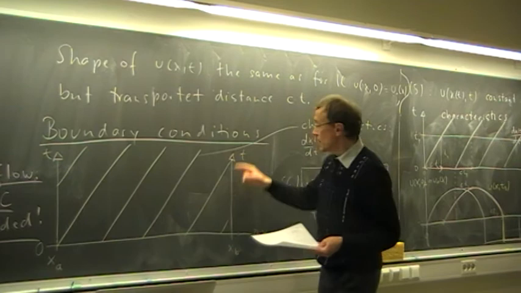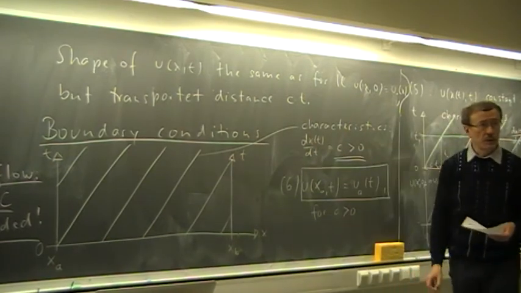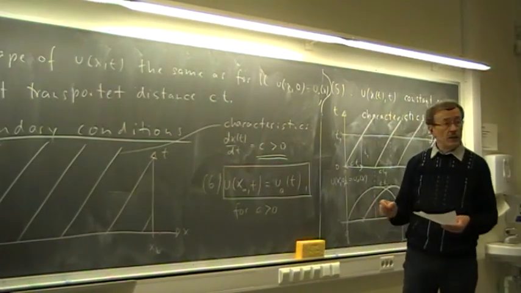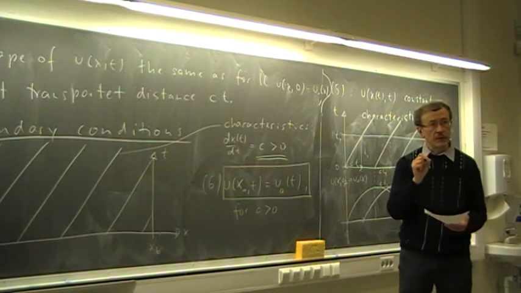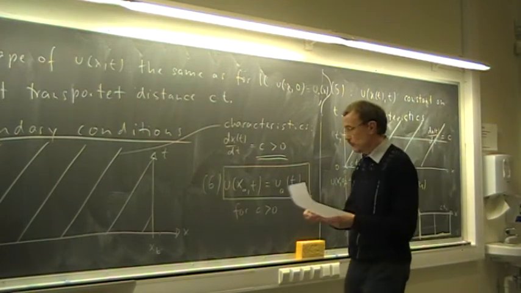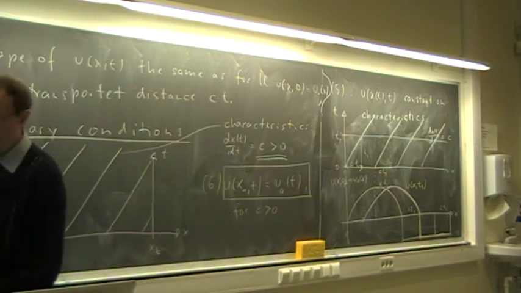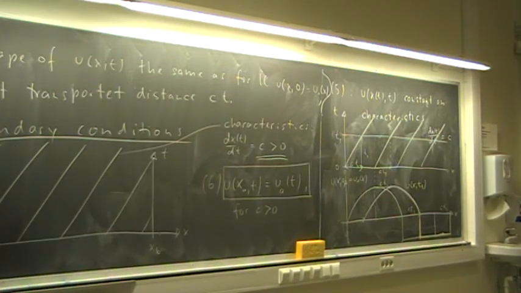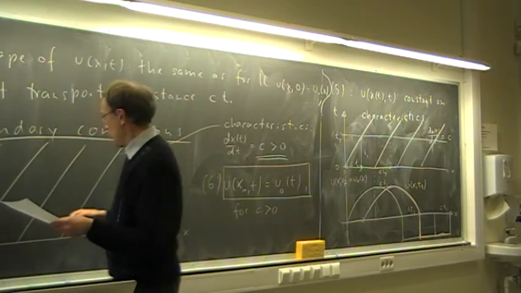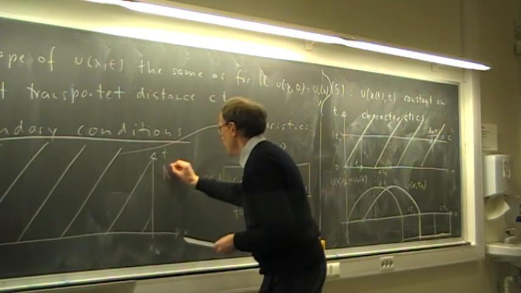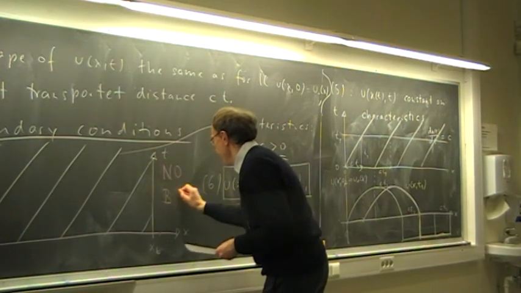So the solution is determined at the right boundary, and we must not give boundary conditions there. So at the right boundary, no boundary condition must be given.